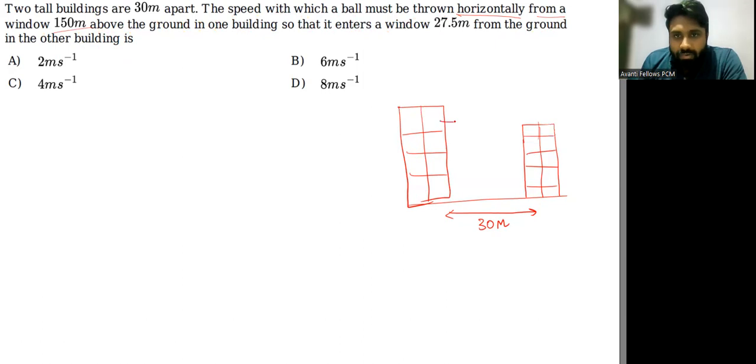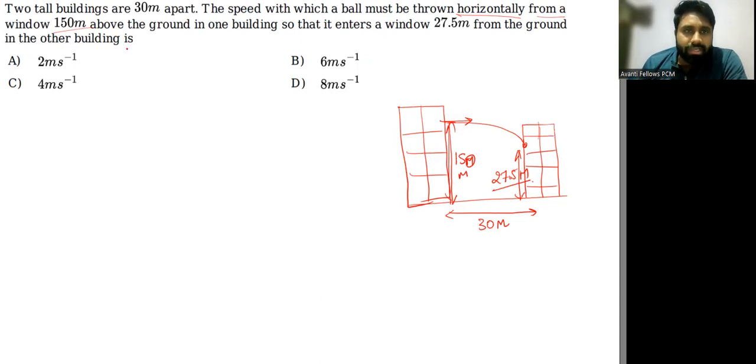So let's say we have thrown a ball at 150-meter height in the horizontal direction, and it will cover a distance and reach the 27.5 meter window in the other building.